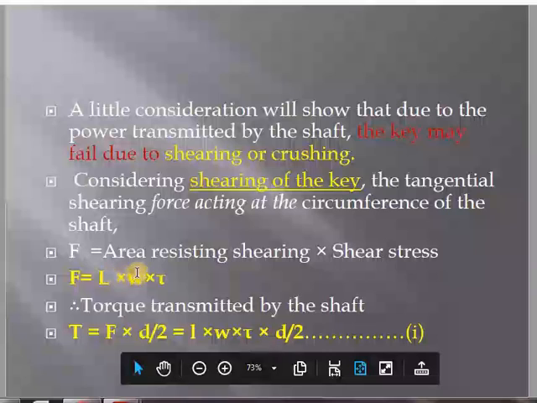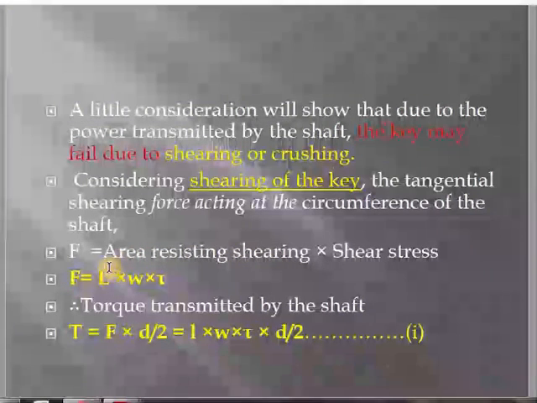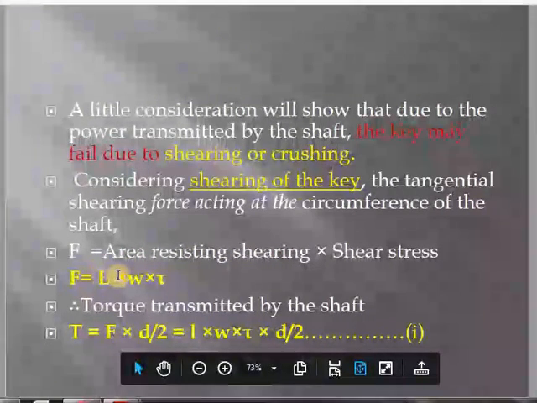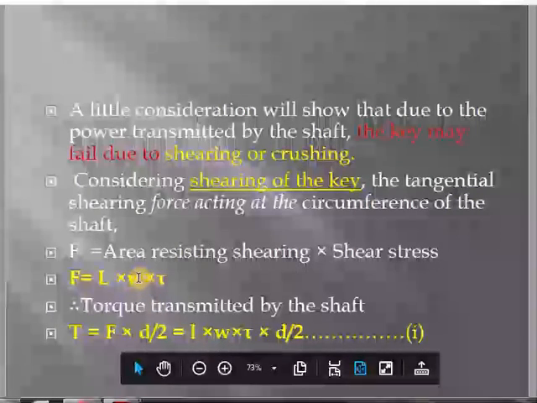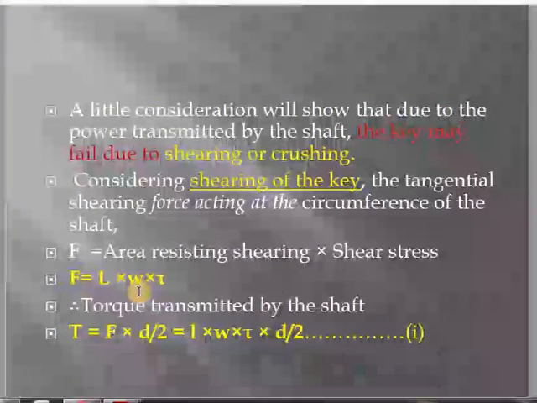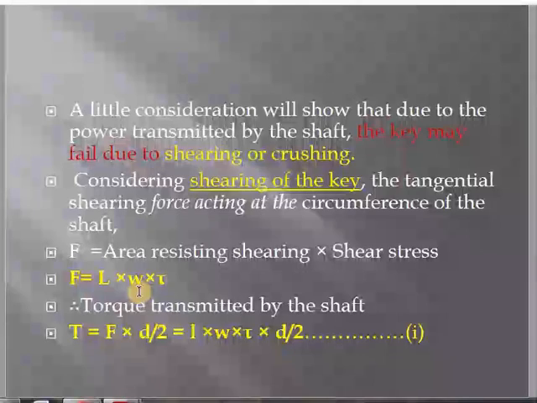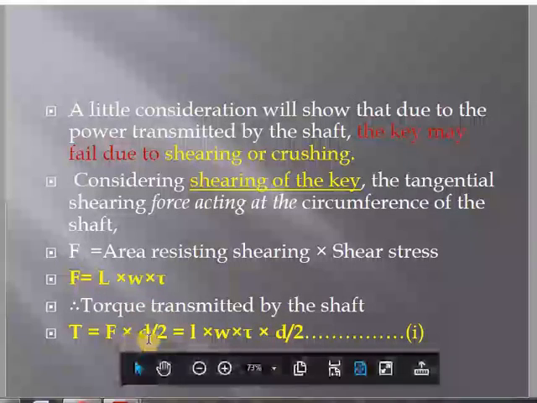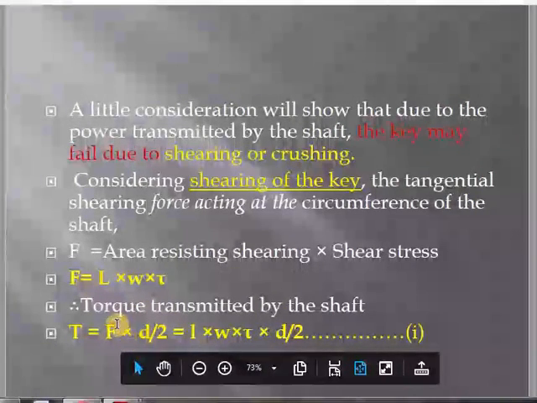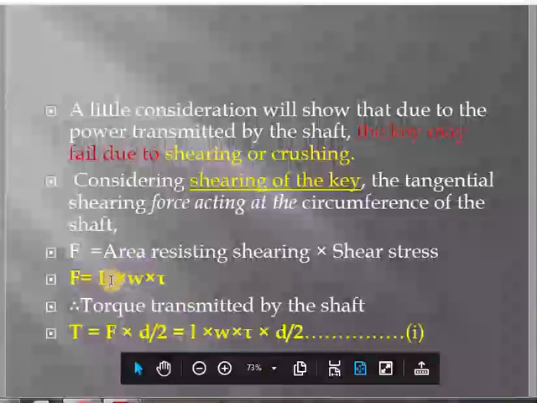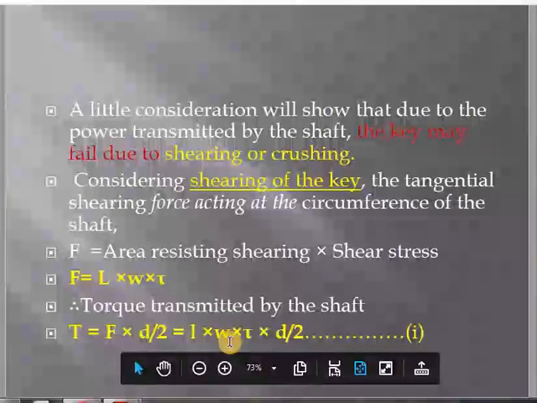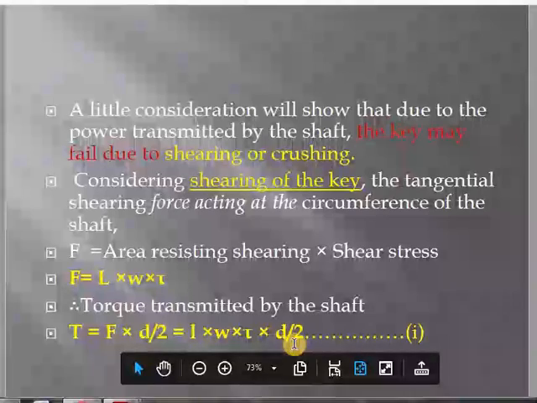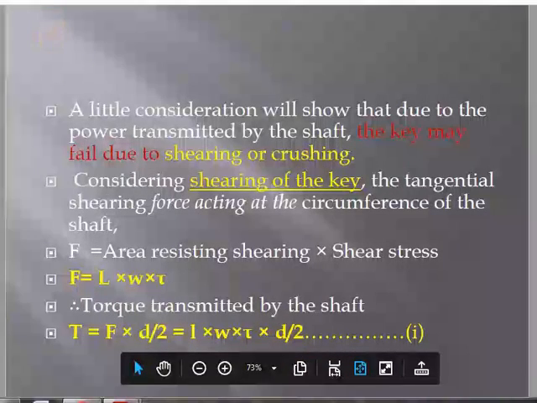So this area resisting shearing is given by L into W, that is length of the key into W as the width of the key, and torque transmitted by the shaft is written as F into D by 2. So F is given in the above equation, that is L into W into tau into D by 2, where D is the diameter of the shaft.